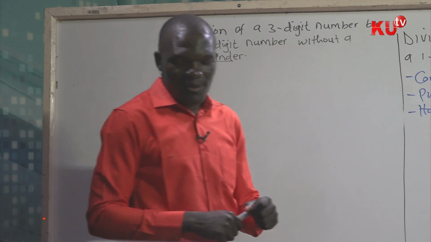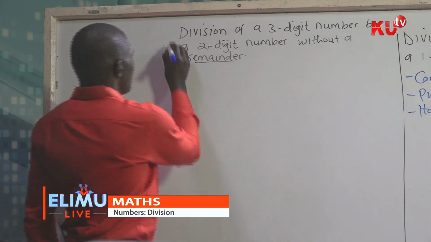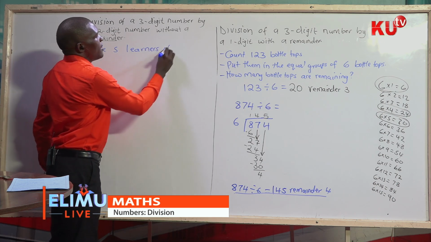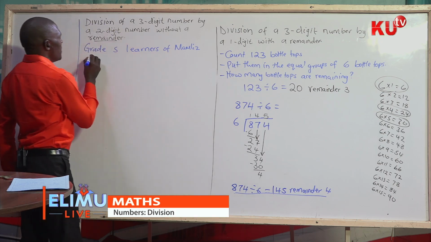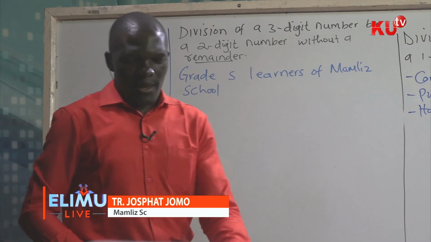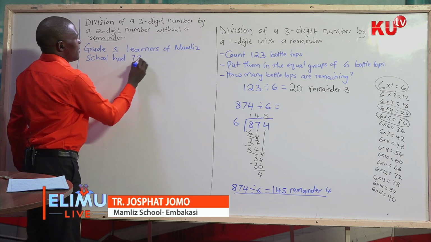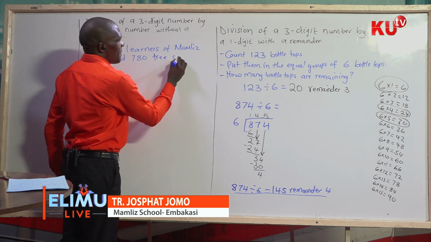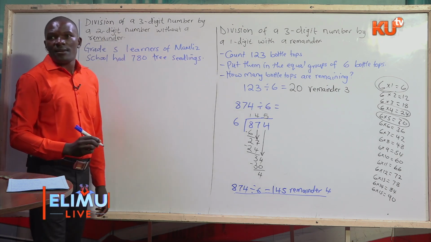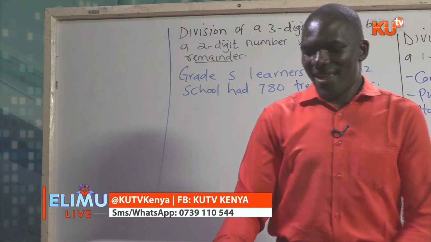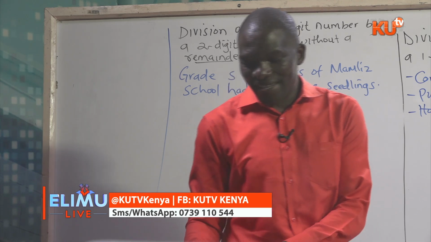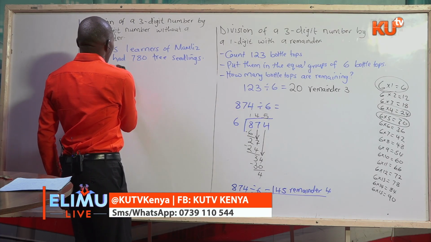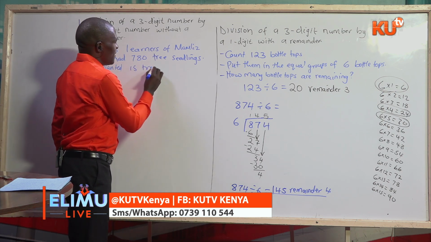And the question is, grade 5 learners of Mamli's school had 780 tree seedlings.